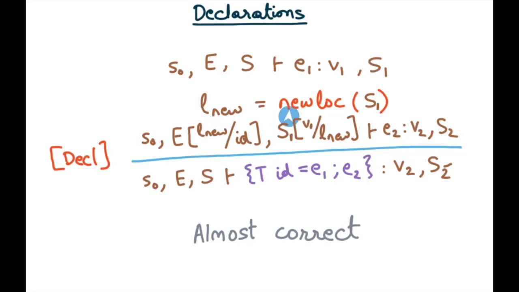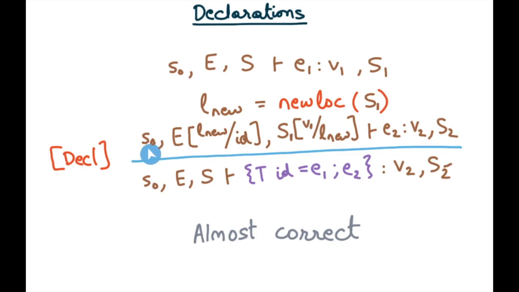Then you allocate a new location in S1. Notice that I'm using S1 here, which is the result of executing E1, so all the side effects or allocations caused by E1 are reflected in S1. LNU is supposed to be a new location disjoint from the locations that were allocated either previously or due to E1.